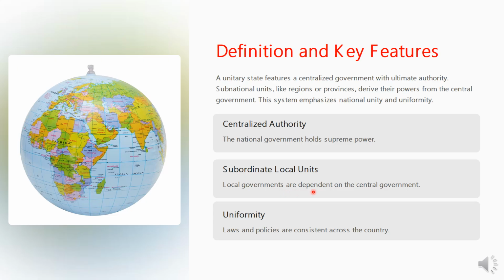The local governments are dependent on the central government. Local units such as states or provinces have limited autonomy and are subordinate to the central authority. And uniformity: laws and policies are consistent across the country, with little room for regional variation. These features enable efficient decision making and promote national unity, but can also limit regional autonomy and flexibility.